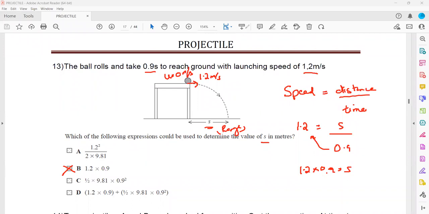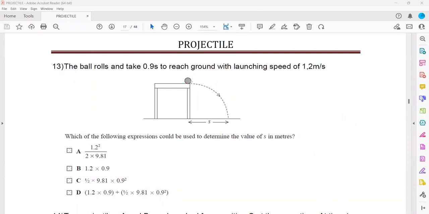If this was the same question and they asked about the height, if I want the horizontal distance, it equals speed multiplied by time. So speed was 1.2 and time is 0.9.